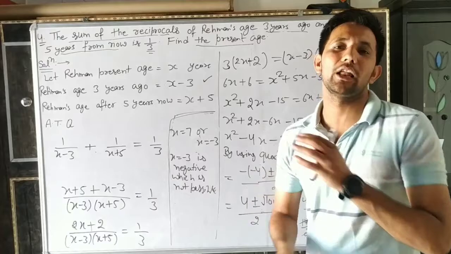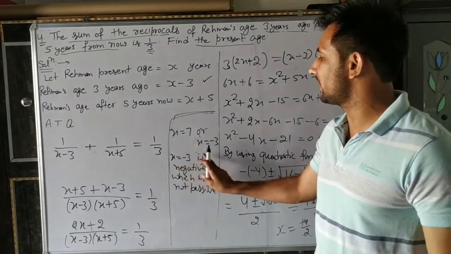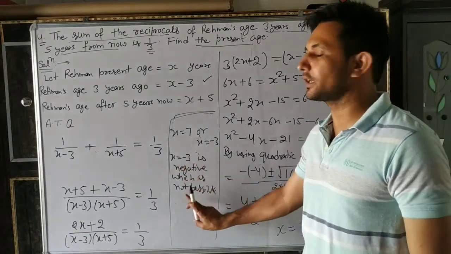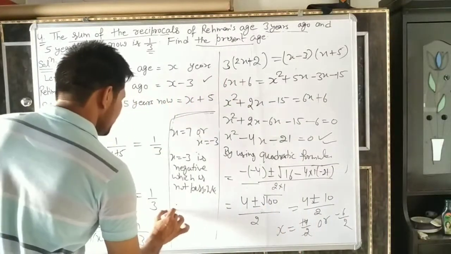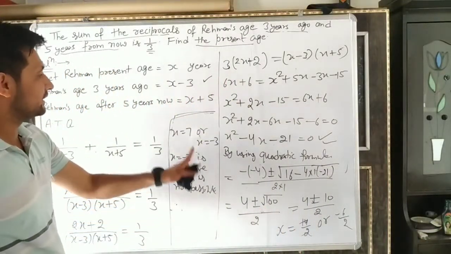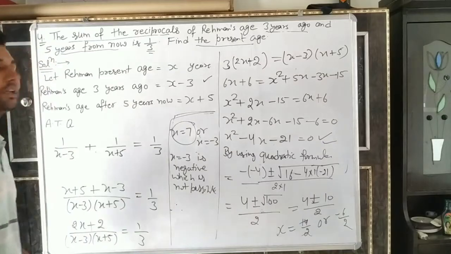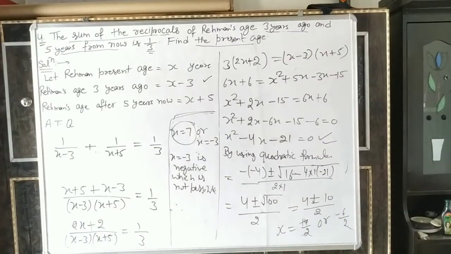No, it is always positive. So you will write x equal to minus 3 is negative, which is not possible. So therefore you will write Rehman's age is x equal to 7 years. Understand here? So please note it down and solve it yourself.